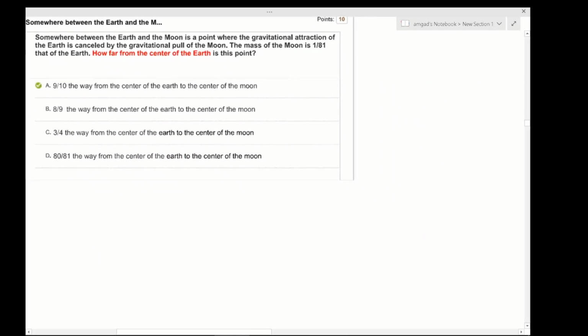Somewhere between the Earth and the Moon is a point where the gravitational attraction of the Earth is cancelled by the gravitational pull of the Moon.